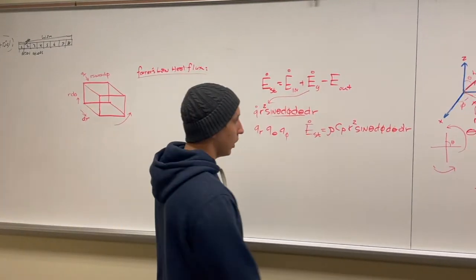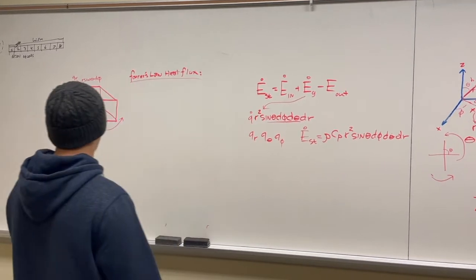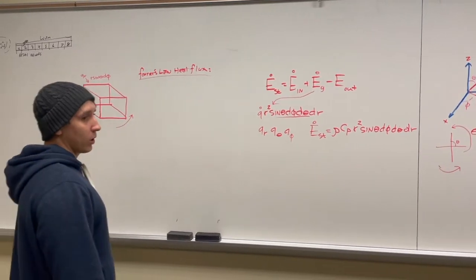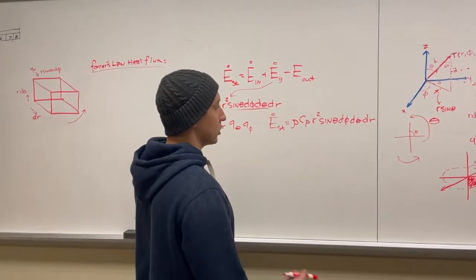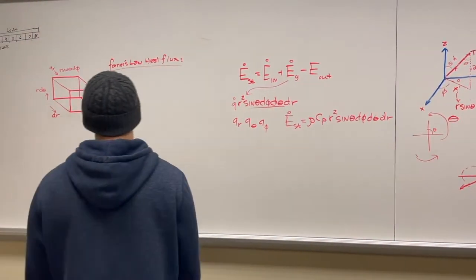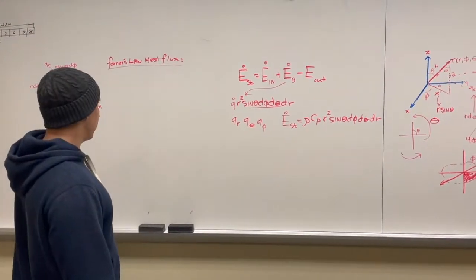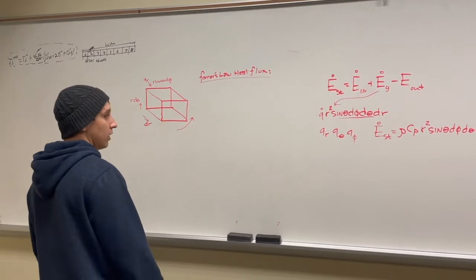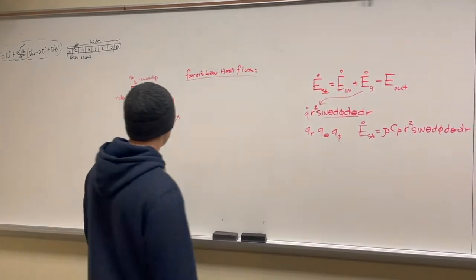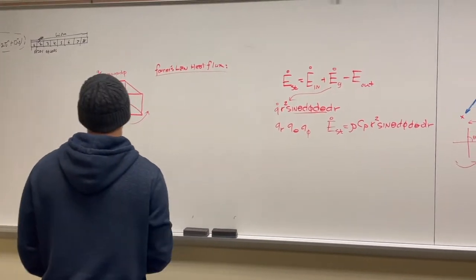I believe that you should be able to look at your control volume and derive your heat flux, or the way that the heat is transferred through this control volume, coming in, coming out, all those different terms that are important for determining how this heat transfer works in spherical coordinates. So we're going to look at Fourier's law of heat flux.